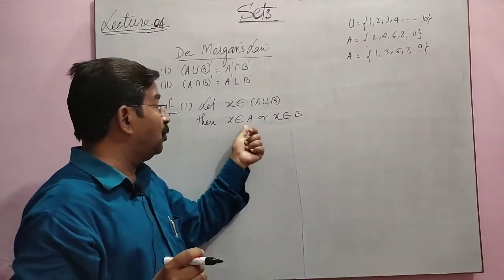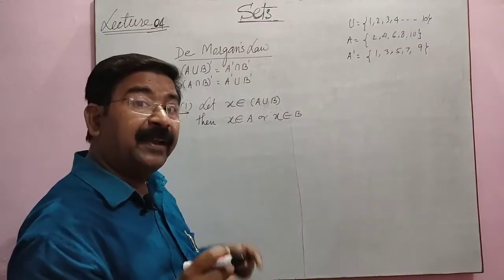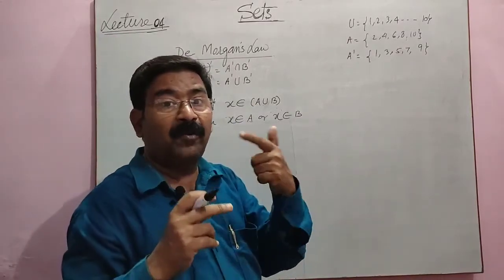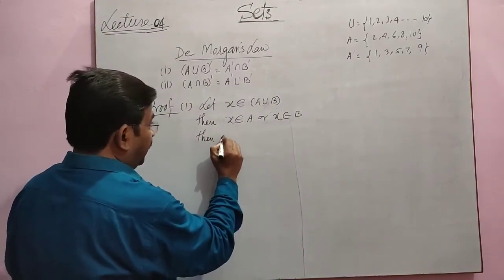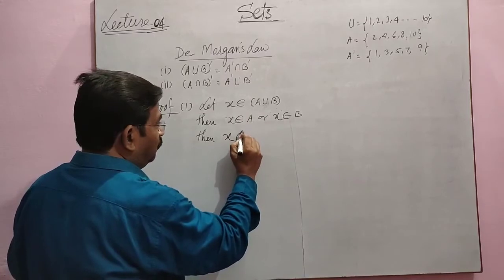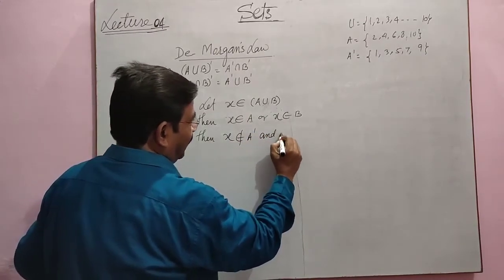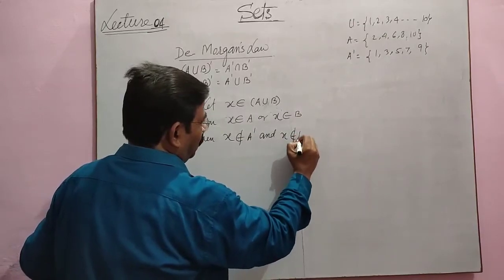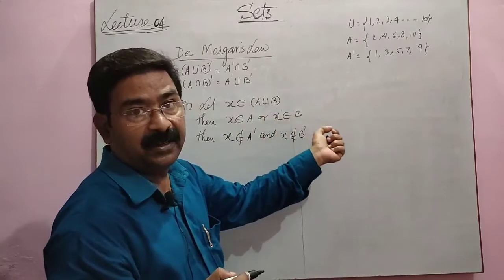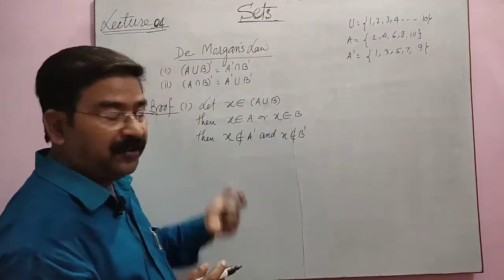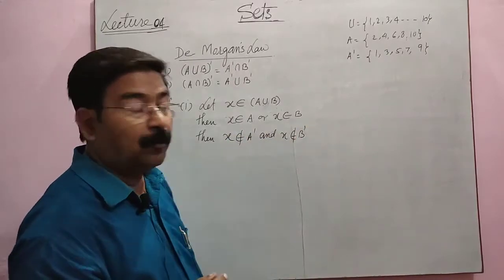If X belongs to A, it means X will not be found in its complement. Then we can say X does not belong to A dash, and here X does not belong to the complement of B. If an element is found in the set, obviously that element will not be found in its complement.